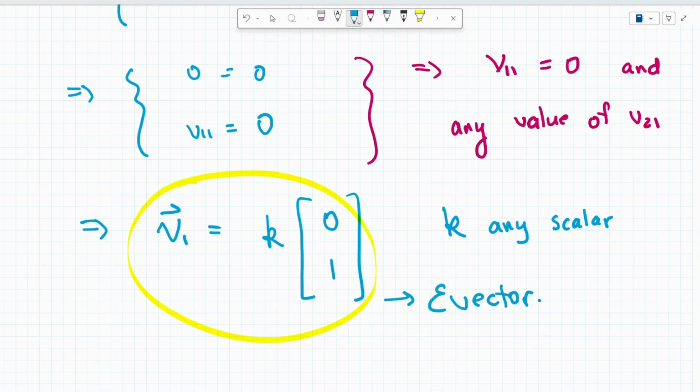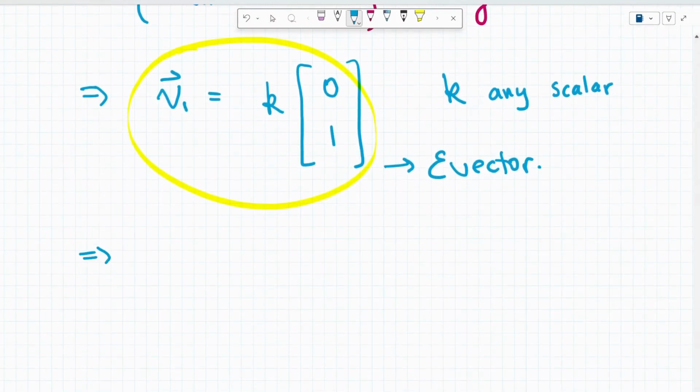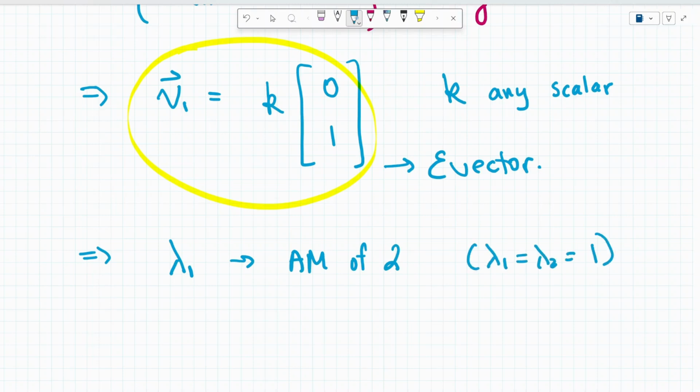Okay, so this here is our eigenvector. What do we see over here? We see that the eigenspace related to our eigenvalue 1 is one-dimensional, and that is very important here. So lambda 1 has an algebraic multiplicity of 2, because we said that lambda 1 equals lambda 2, which equals 1. And you can see that lambda 1 then has a geometric multiplicity of 1. Why is that?